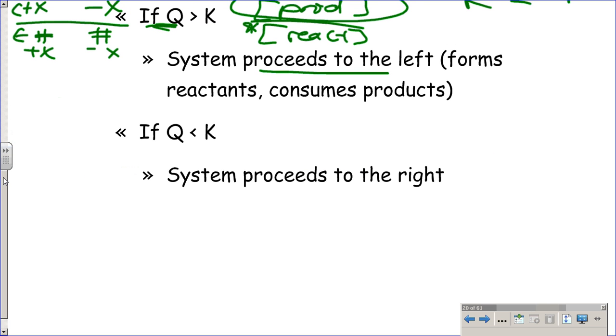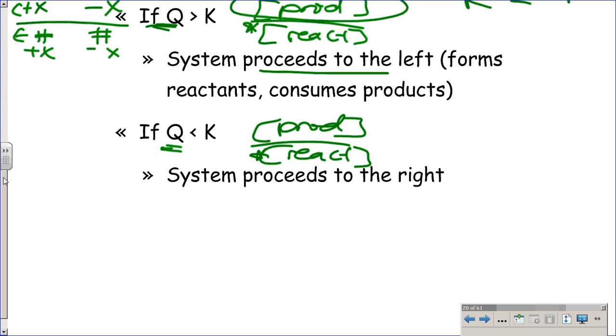Opposite story. Q is too little. You need to make more of something to finally meet up to K. What do I have too few of? Products, right. So in this case, my reactant number is too large. I need to get rid of reactants, so I need to proceed right. When I proceed right, I make more products.